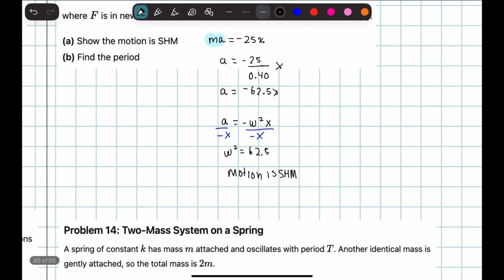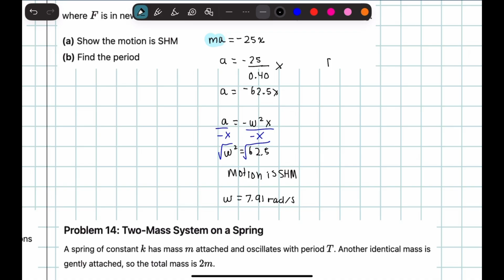Now to find the angular frequency, omega is equal to the root of 62.5, so that's going to be 7.91 radians per second.